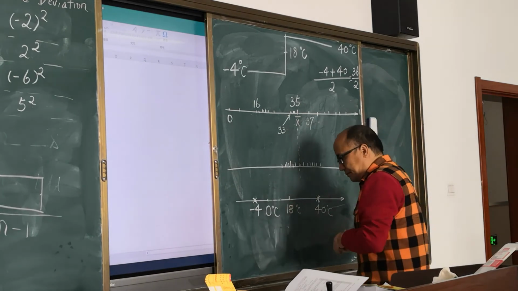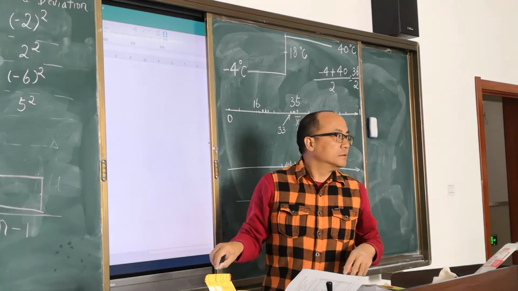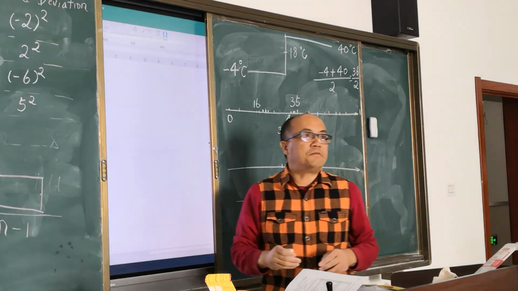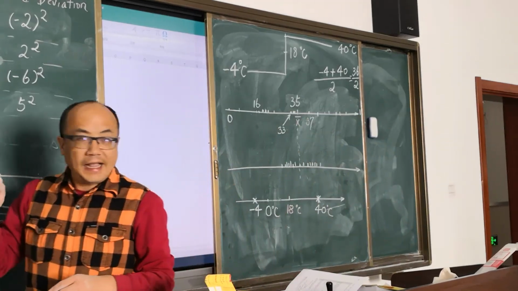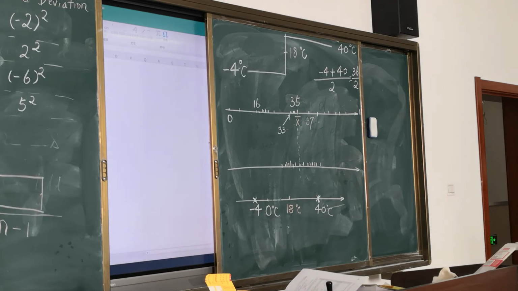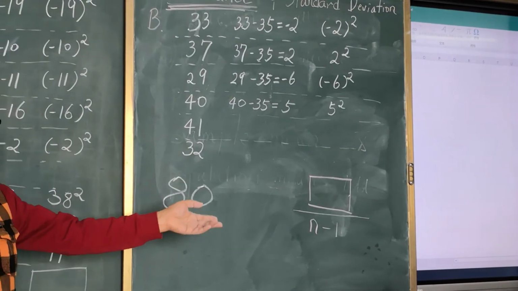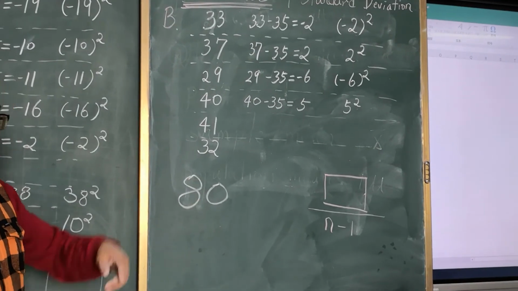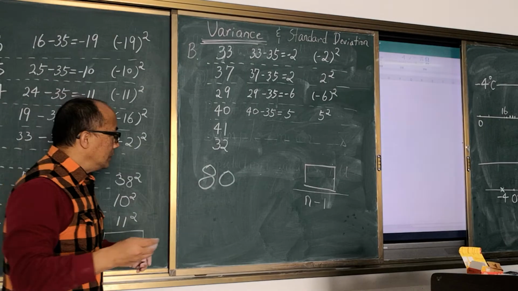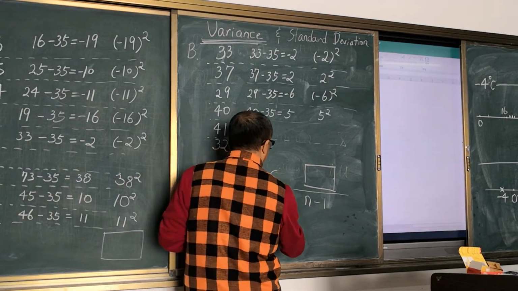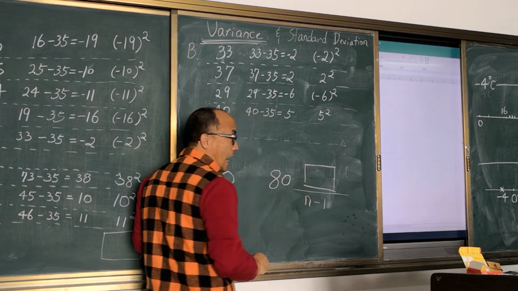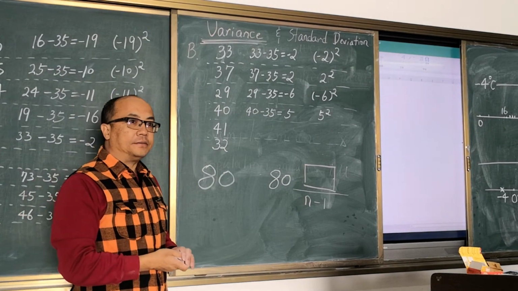For example, in one class the final exam average score is 80. Another class next door also has an average of 80.